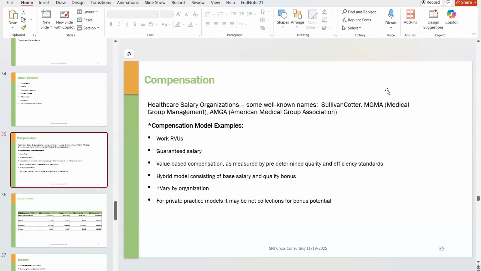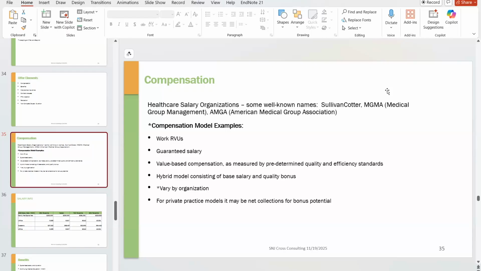I've typically just seen that more with family medicine and primary care physicians that work for the value-based organizations such as, I know Optum used to have the Optum division under United Healthcare.